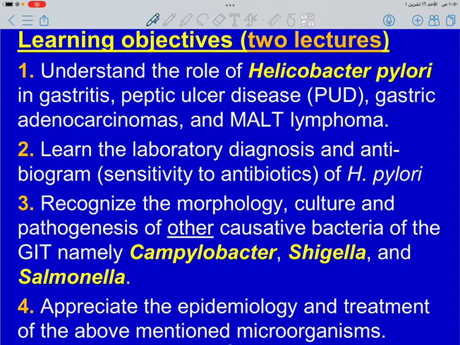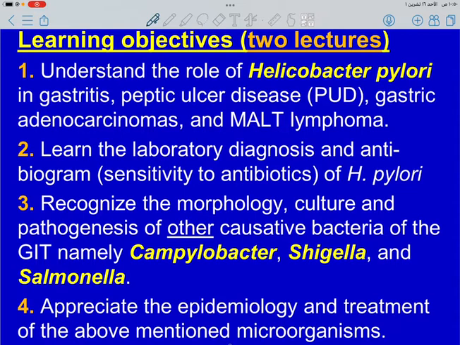The second thing is to understand laboratory diagnosis and antibiogram. Antibiogram, it means the antibiotic sensitivity of the microorganism. يعني which antibiotic will kill the microorganism. This is called what? Antibiogram.